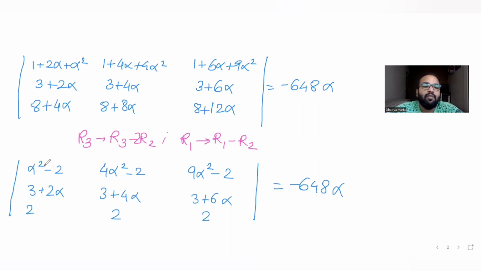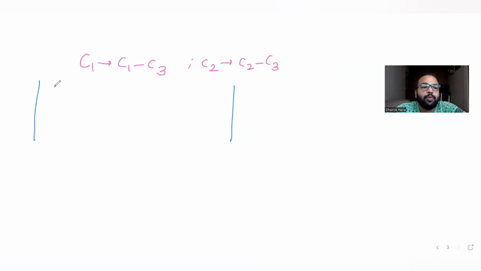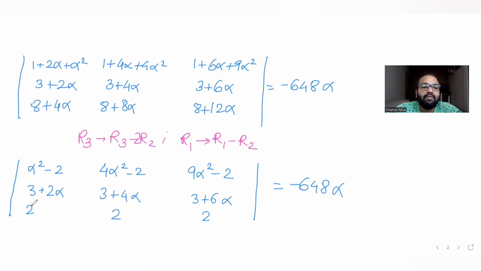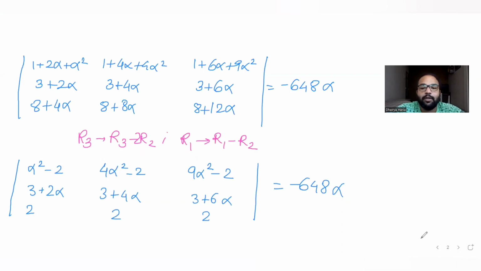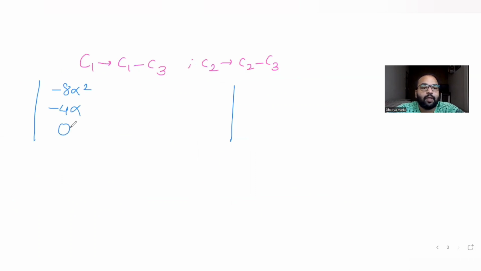So now I have my 9 elements as C1: alpha square minus 9 alpha square is minus 8 alpha square, and minus 2 plus 2 becomes 0, so minus 8 alpha square. Then I have 3 plus 2 alpha and this, so minus 4 alpha from there, and 2 minus 2 becomes directly 0.